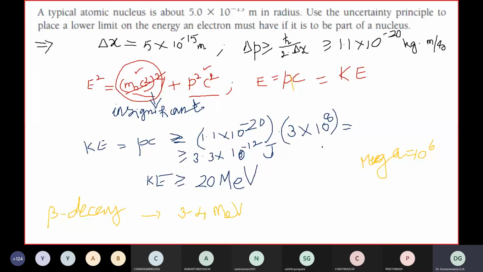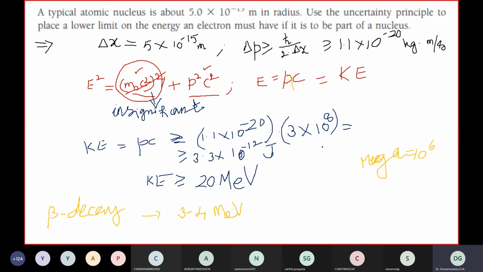Emitted electrons have energy 3 to 4 MeV.